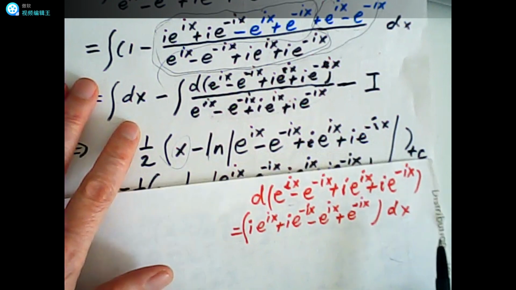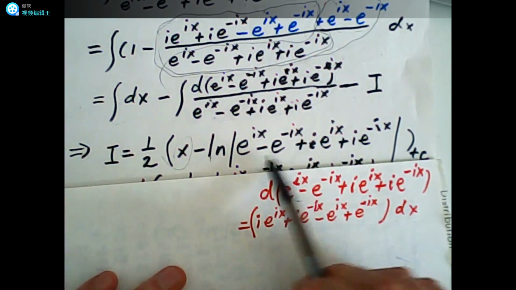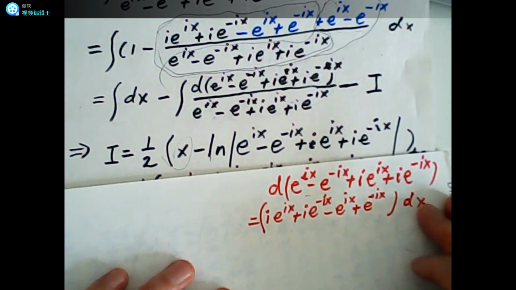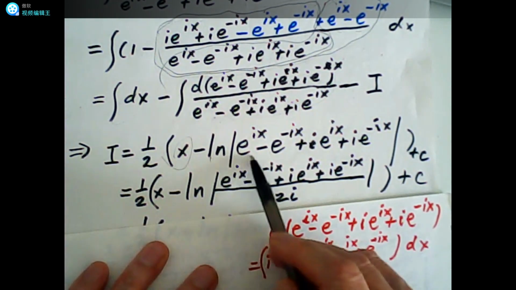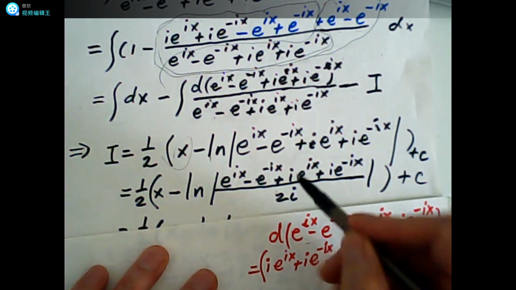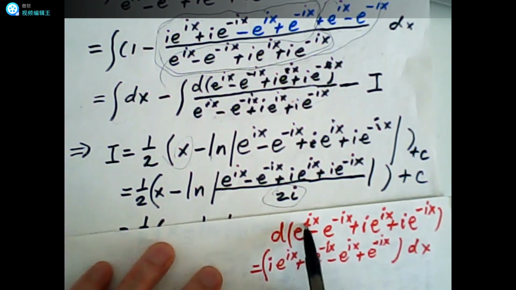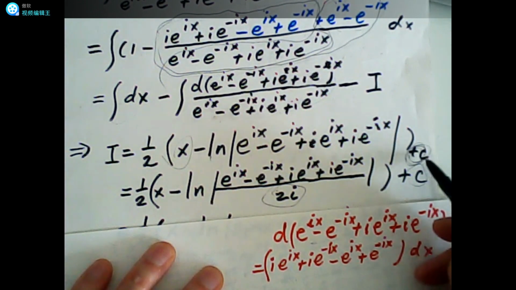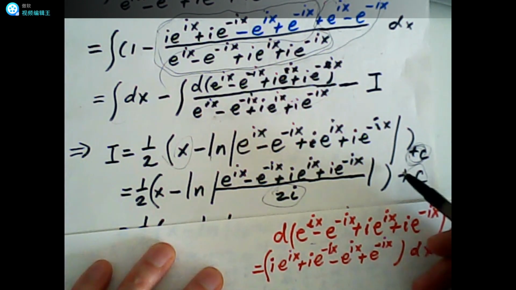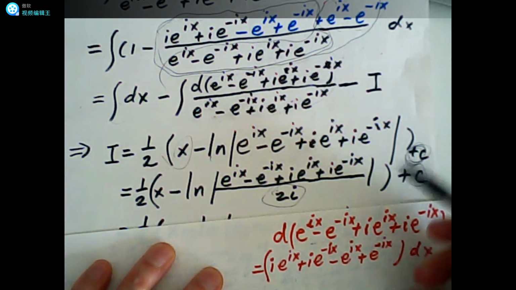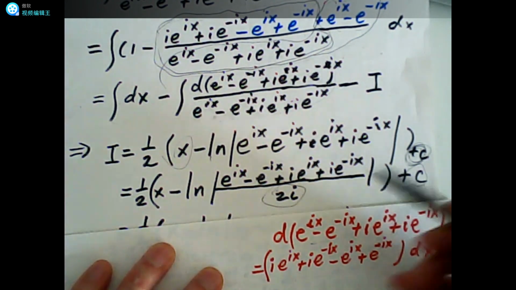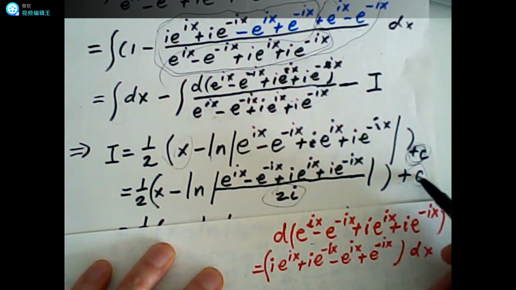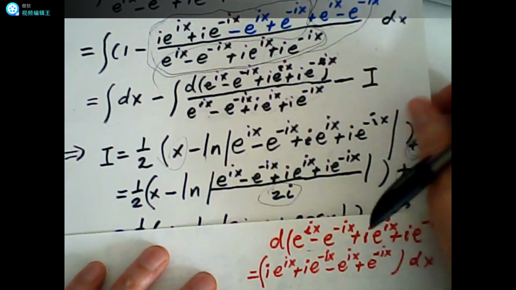But we want to change it back into a nice result, right? Therefore, I add 2i here. This 2i I borrow from c. This is constant. I can borrow a natural log 2i. I can borrow natural log 2i negative. Well, I don't have to pay back because this is constant anyhow.